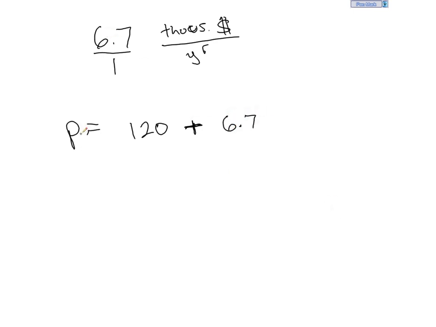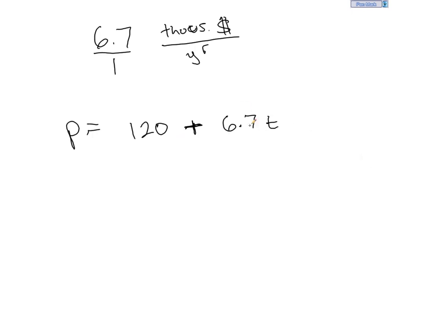Well, we don't want to just have the price is equal to 120 plus 6.7, because 120 plus 6.7 is 126.7. We want to indicate that it goes up by this amount every year. So what do we multiply it by? Well, we multiply it by the number of years that have passed.